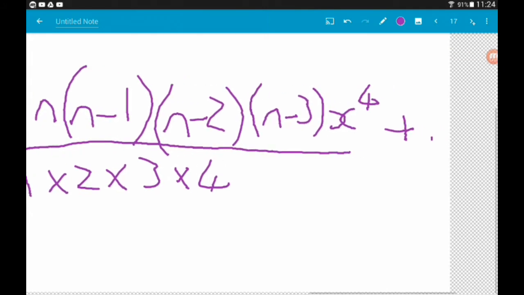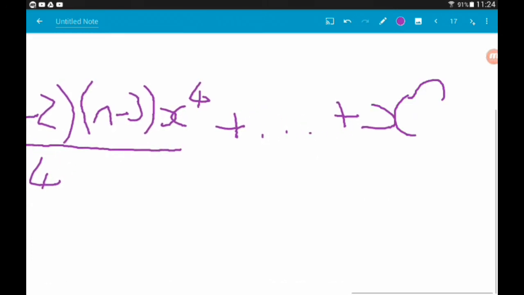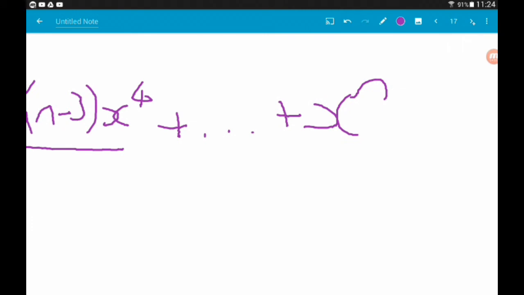So this pattern carries on, that's what the dots represent, and then our final term is always just x to the power of n. So what happens is these factors start to cancel out. But we're going to see that in a moment, after we've practiced this with one expansion and learned about factorials and stuff.